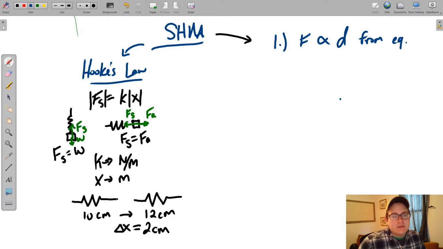The force that's causing your motion to go back and forth, like a pendulum or a spring set in motion, is the restoring force, what's causing it to go back to equilibrium, and it's proportional to displacement. And the second thing is that your equilibrium is your midpoint.